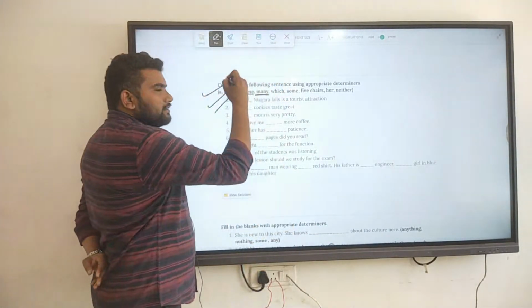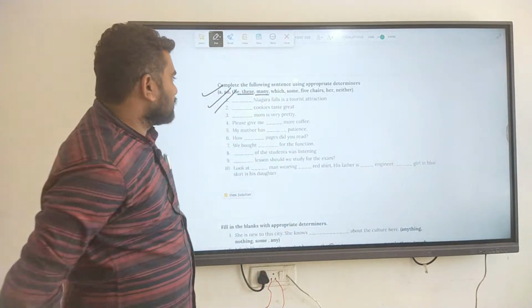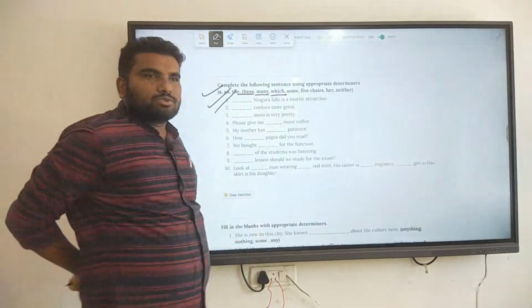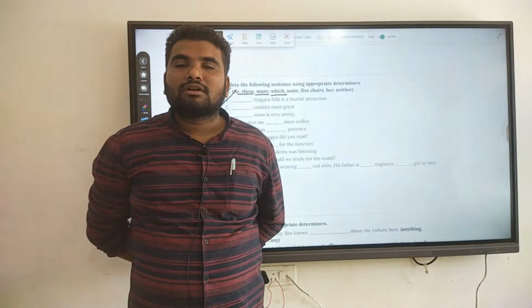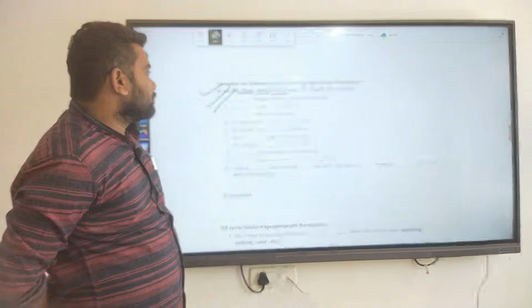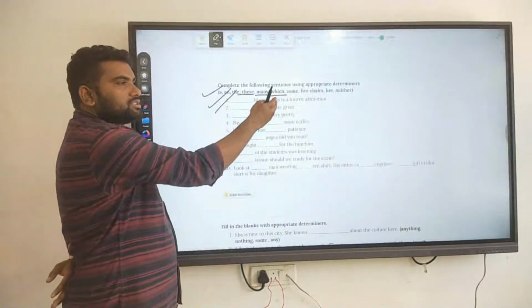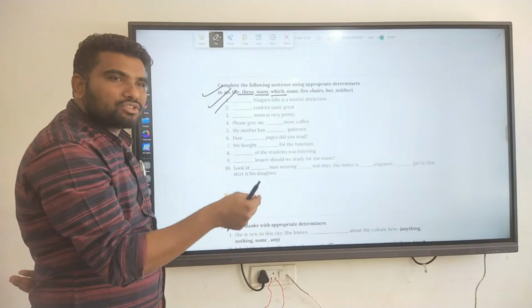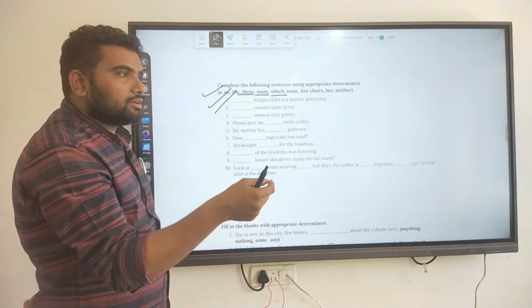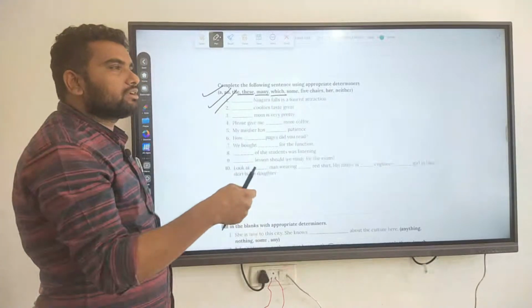Followed by that, many is what? Again a determiner. Which is called what? Interrogative adjective or interrogative pronoun. For example, which is your book? Which is your book? It is what? Interrogative pronoun.